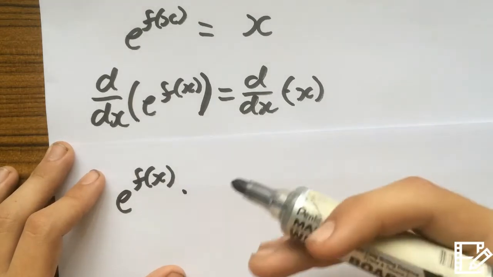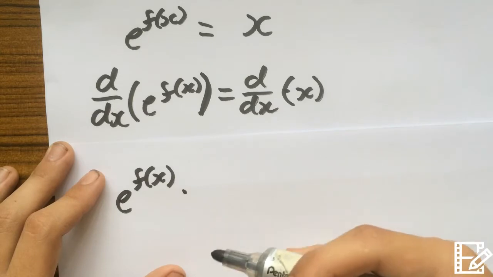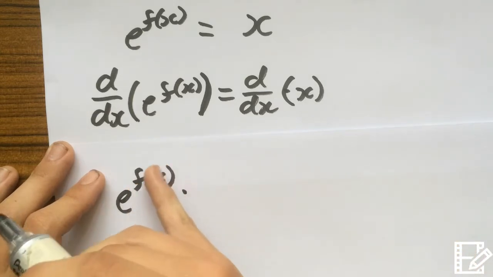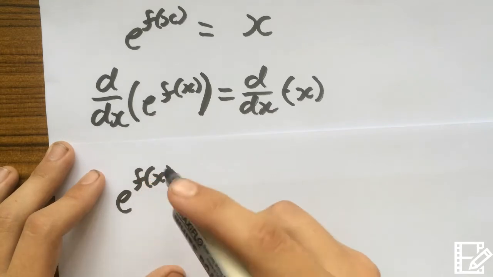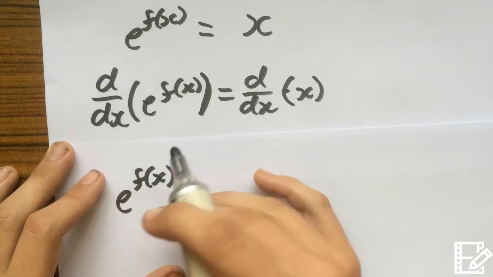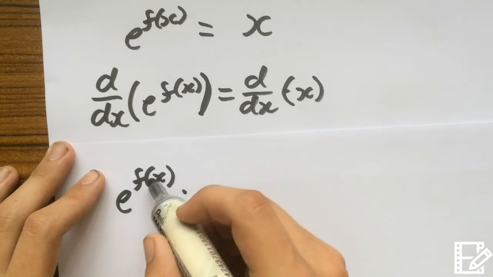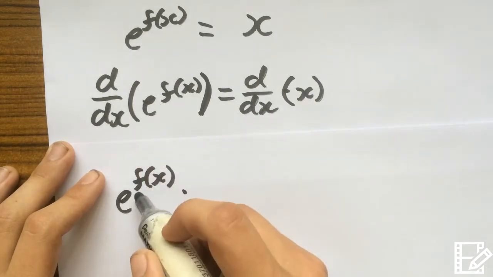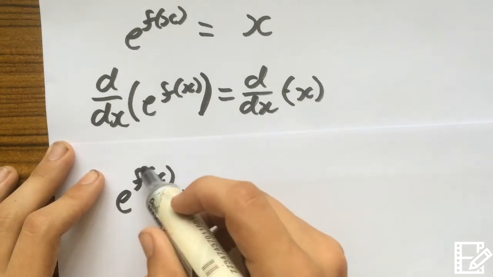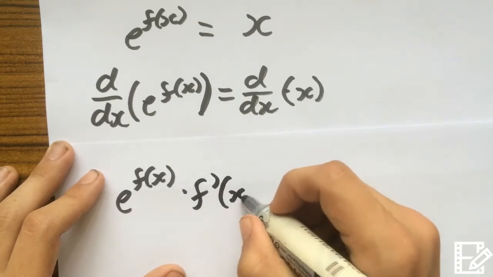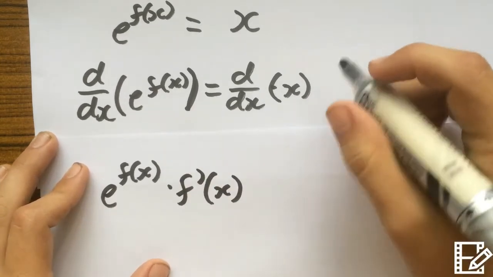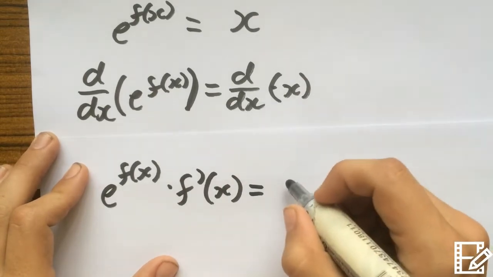So you don't worry about multiplying it by 1. That's why it stays the same. But when you have a function or anything other than x, when you differentiate it, you keep it the same, but then you multiply it by the derivative of the inside. That would look like this in this case, and the derivative of x is 1.